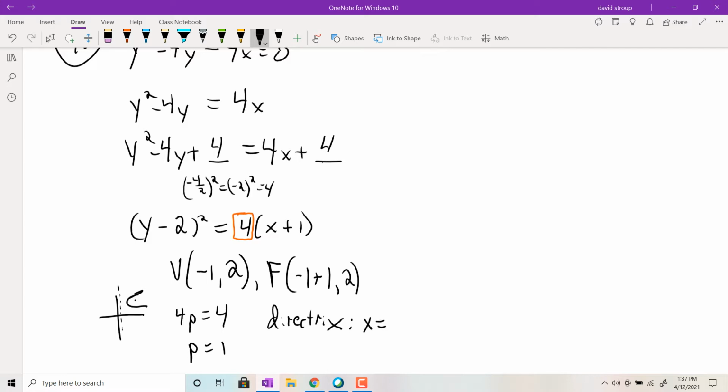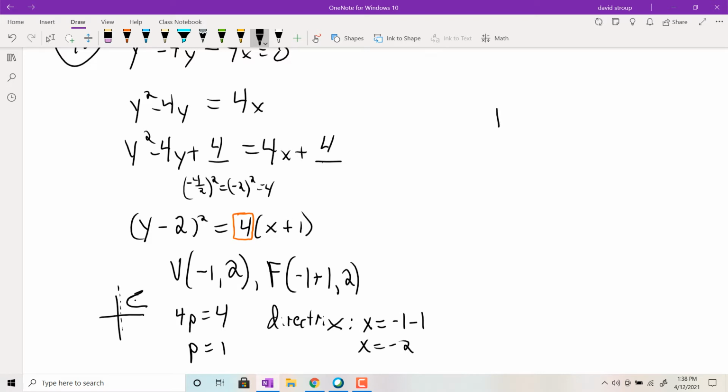In particular, it'll be moving in the x direction again by 1. And so for the formula for the directrix will be the x-coordinate of the vertex, which is negative 1, and then you have to move left in order to get there by 1, okay, by the p-value. So the directrix will end up being x equals negative 2.